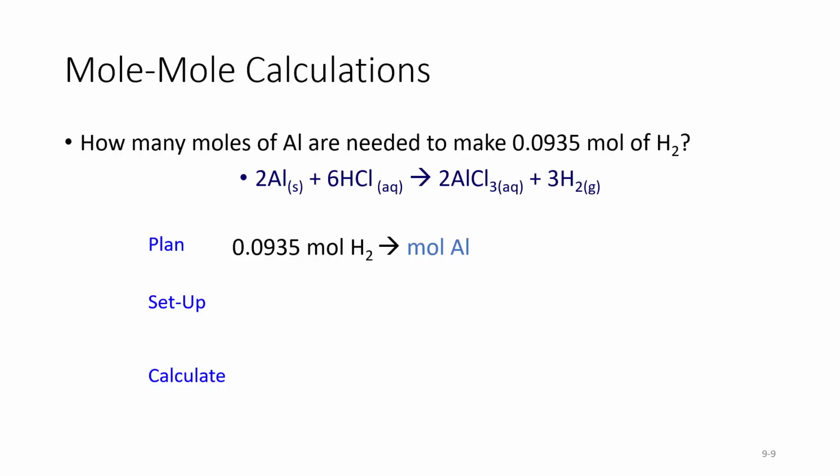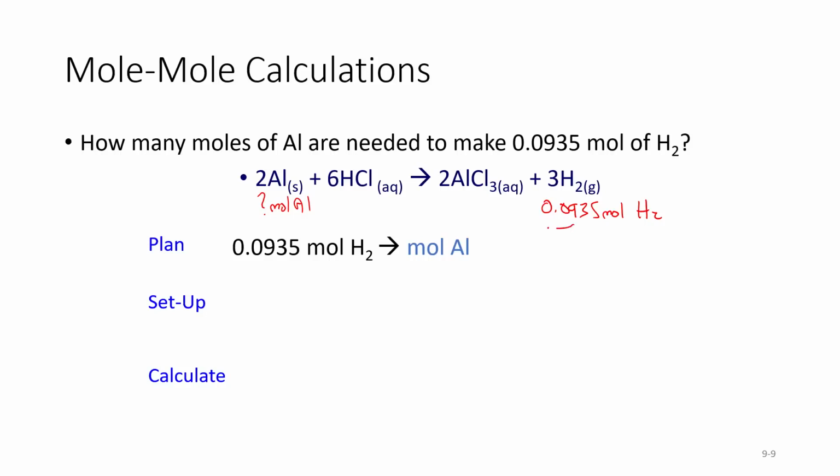So how many moles of Al are needed to make 0.0935 moles of H2? So question mark moles of Al, and we want to produce 0.0935 moles of H2.